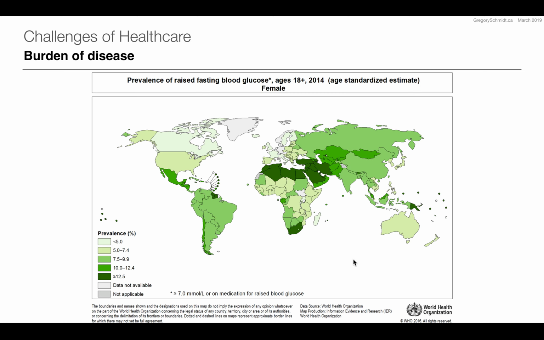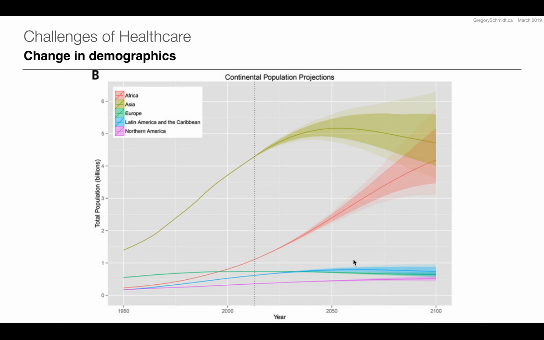And so all these challenges we've discussed are amplified by the change in demographics we're going to see over the next century. We know, of course, that Europe and North America, these lines at the bottom, have essentially plateaued in terms of total populations. We see that Asia has almost peaked. We're currently here, and right before 2050, it's anticipated that Asia will peak in its demographics.